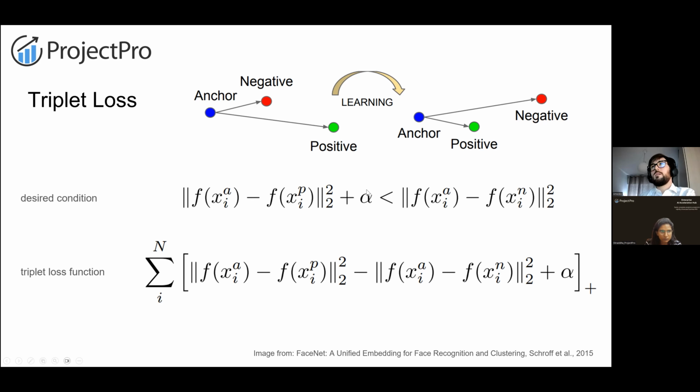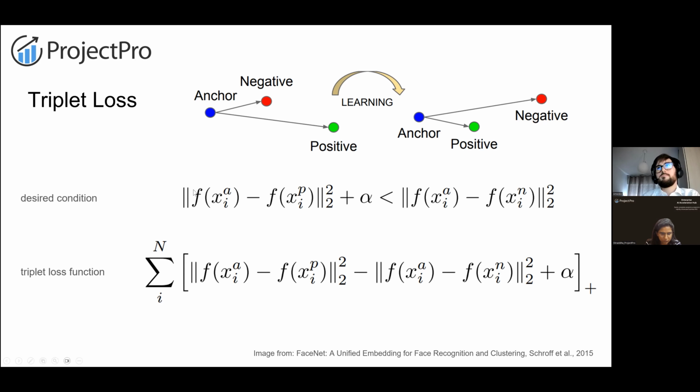So we're not satisfied by the fact that the distance between two similar images is smaller than between two dissimilar images. We want that to be true by a margin alpha. Okay, so we are not really trying to make all the similar images go to the same representation.